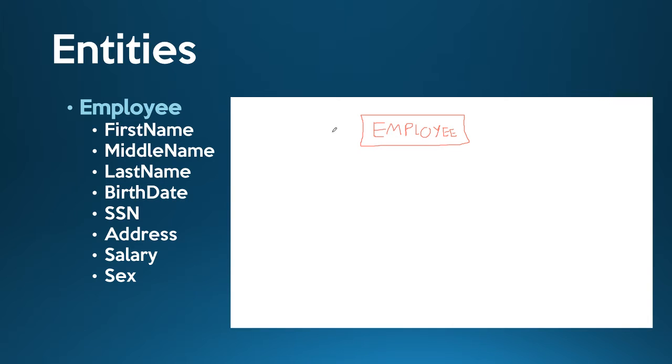Good. All right. So you can put employee in here, right? Employee. So again, what were some of the attributes that you guys were looking at? Which ones should we include for employee? First name? Okay. Yeah, you can list the social security number as well.